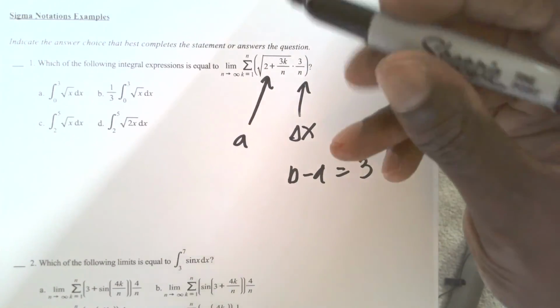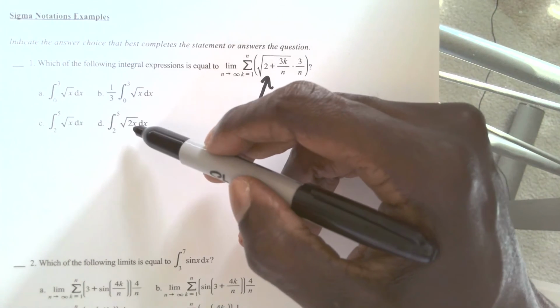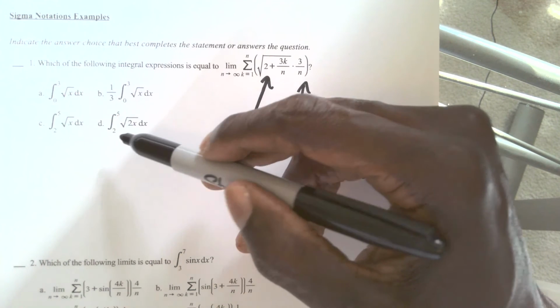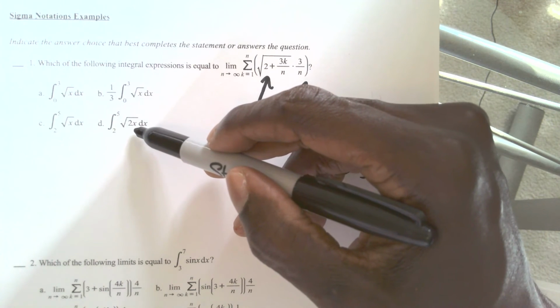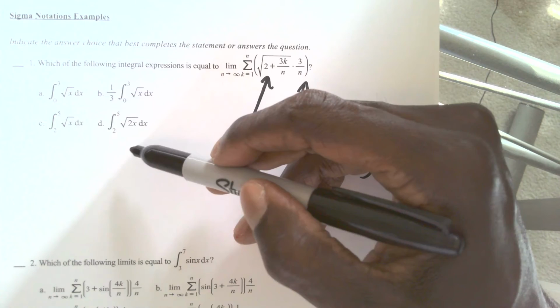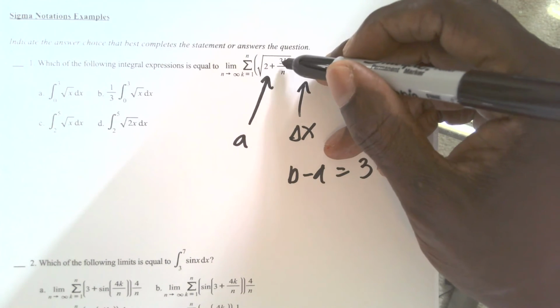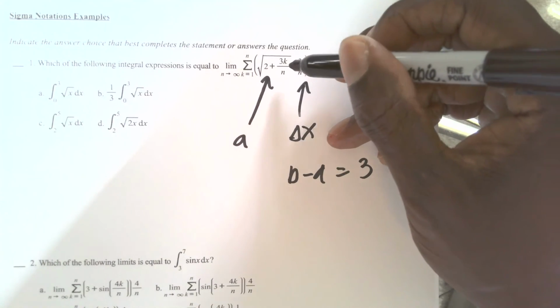Now, I'm trying to see which of these is right. If there was indeed a 2 being multiplied by the x, then this wouldn't be 3k over n, because that 3 would be multiplied by 2. It would be 6k over n.